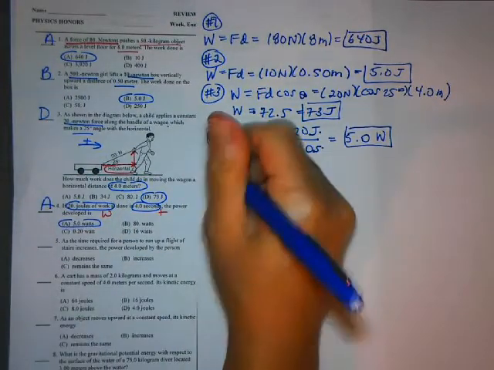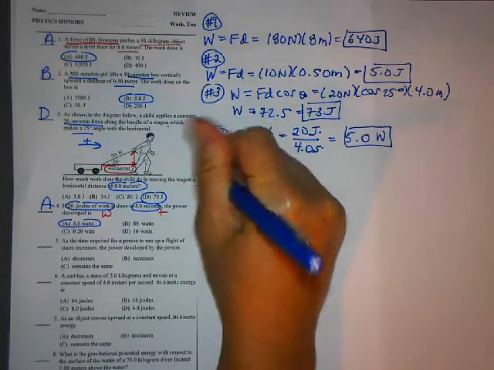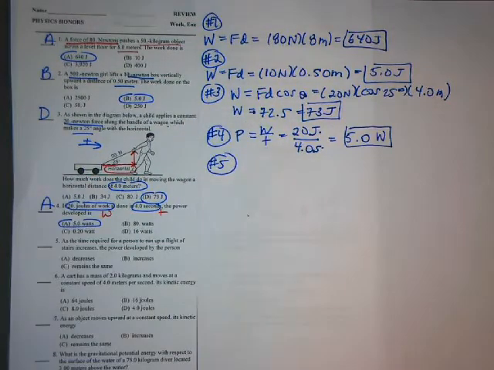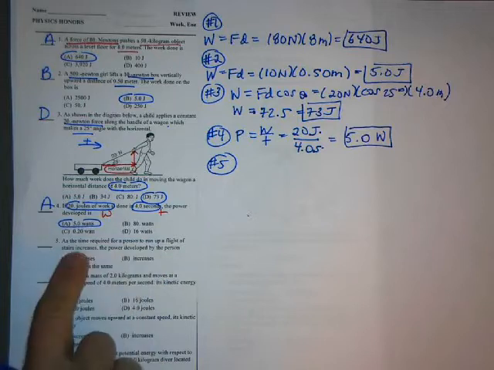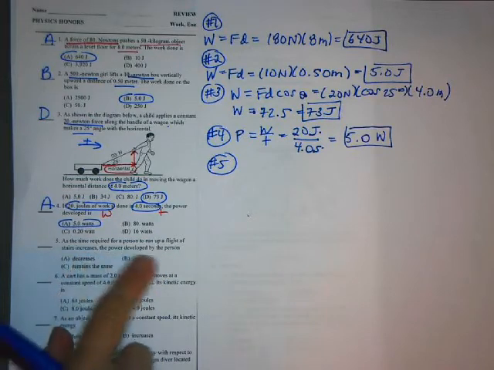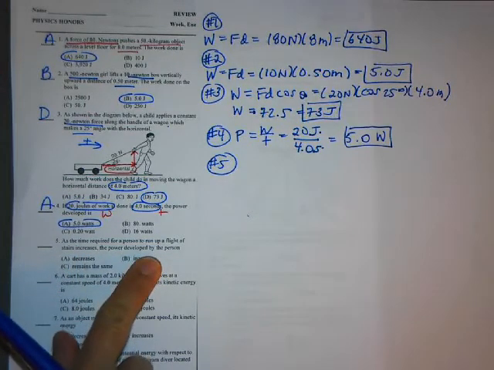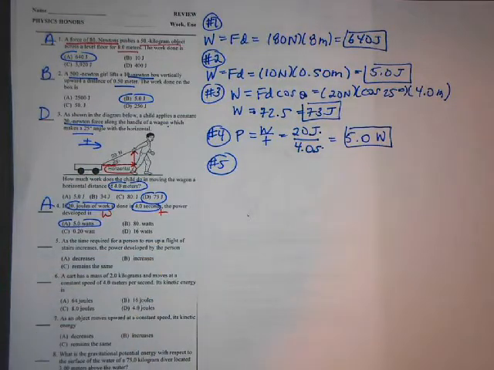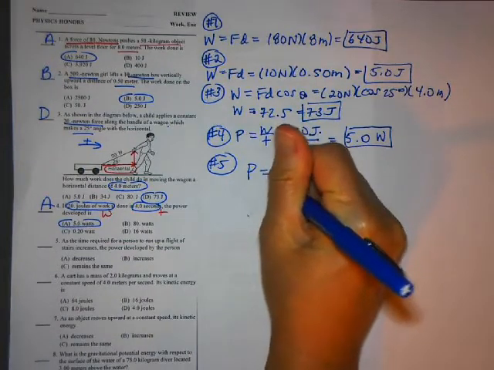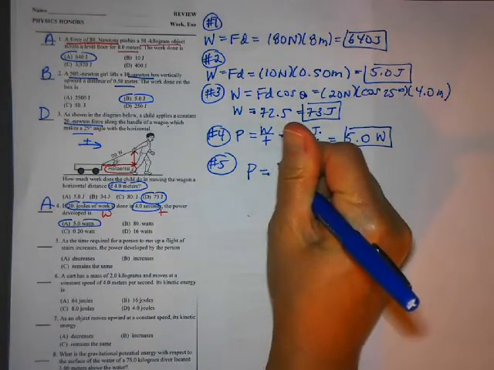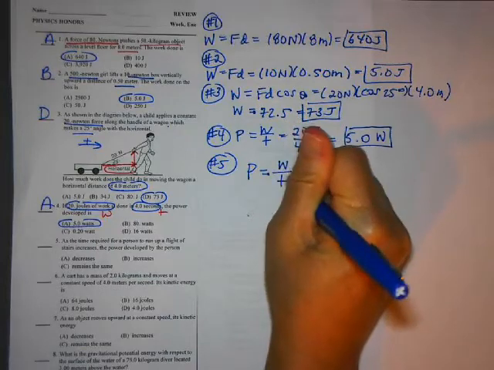All right, number 5. As the time required for a person to run up a flight of stairs increases, the power developed by the person. So we did a lab like this. The first thing I'm going to do is write my basic equation. I know that power is equal to work divided by time.